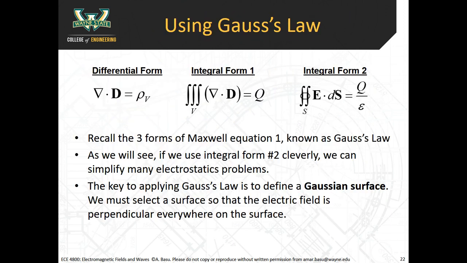Isaac wanted to make an important note that if D is equal to epsilon E here, epsilon is a constant, so epsilon can be pulled out of that del operator. All right, so this integral form could also be written del dot E is equal to Q over epsilon. Because you can pull out the epsilon and then divide by epsilon and you'll get the epsilon on the other side.